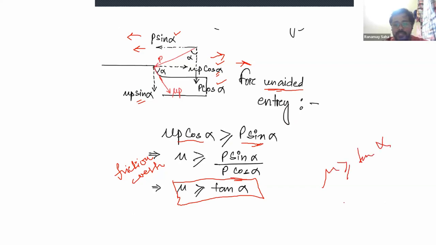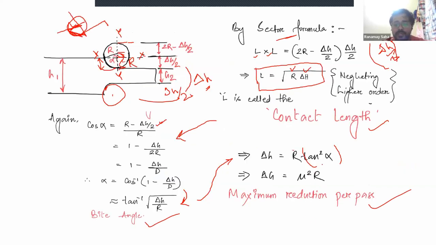So the limiting case is mu equal to tan alpha. Use that concept here and replace tan alpha by friction coefficient mu, and see that del h equal to mu square R happens to be the maximum reduction per pass which you can get in your rolling process ideally. Okay? So are these things clear to you all?